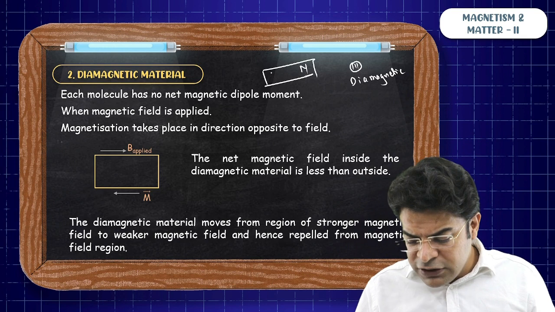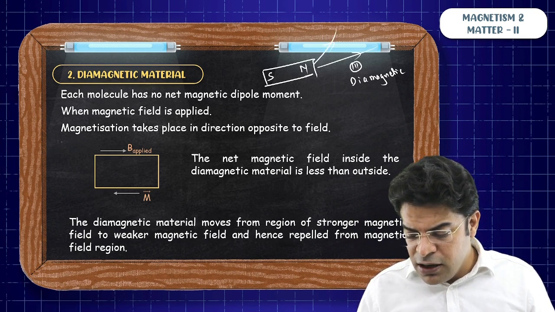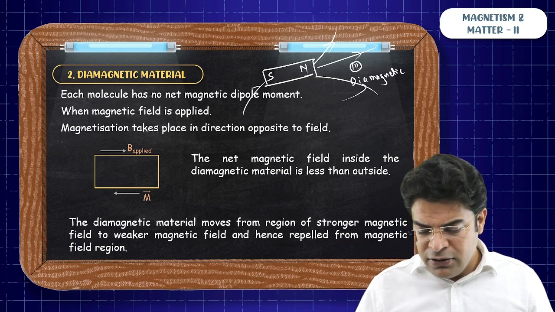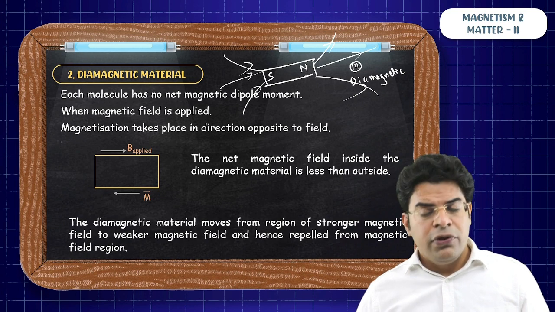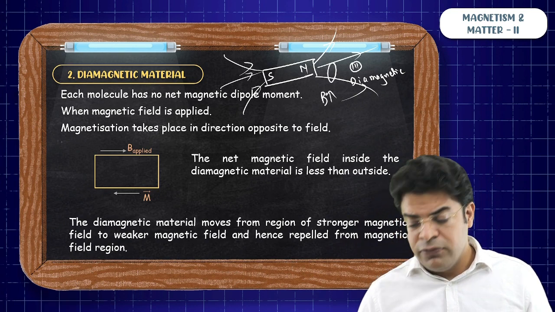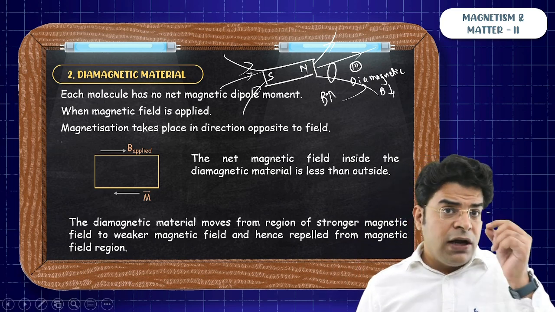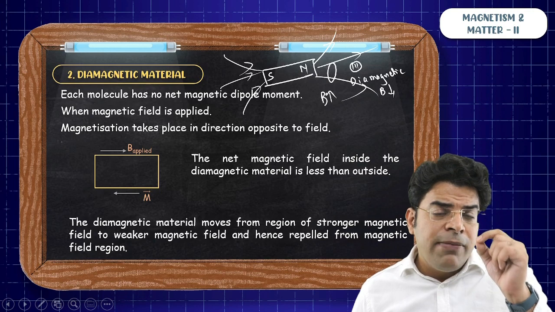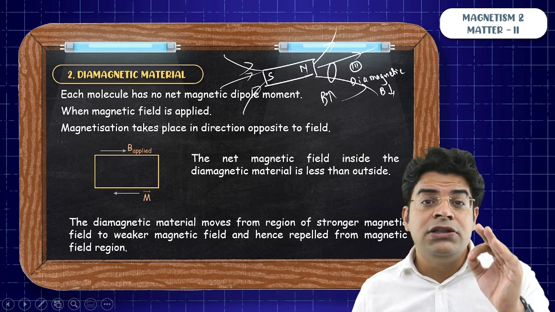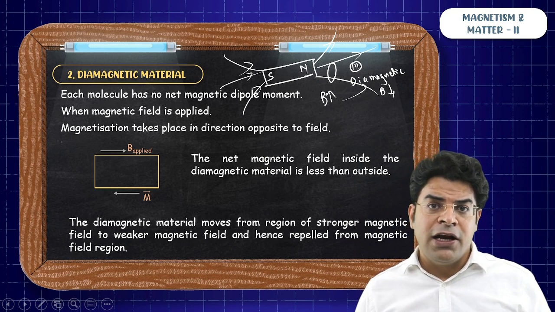If you think of this bar magnet to be north-south this way, its magnetic field lines will come out of the north outside the bar magnet and they will enter into the south, right? Now nearby the bar magnet, the field strength is higher. Away from the bar magnet, the field strength is lower. So you should understand that a diamagnetic substance tries to move from the region of stronger magnetic field to the region of weaker magnetic field. Hence, it is repelled by a bar magnet.